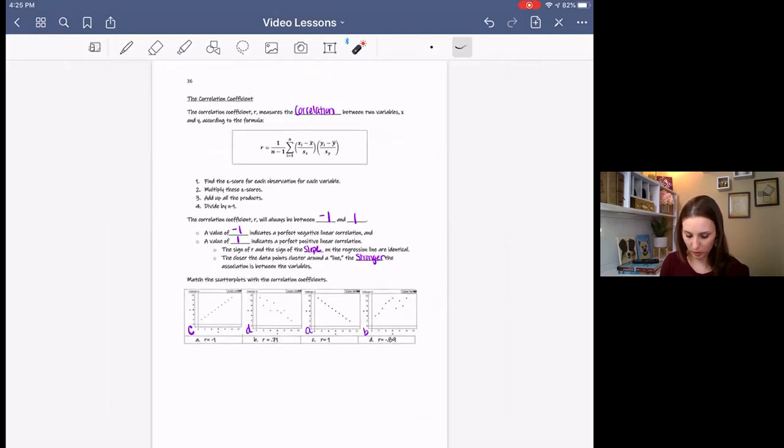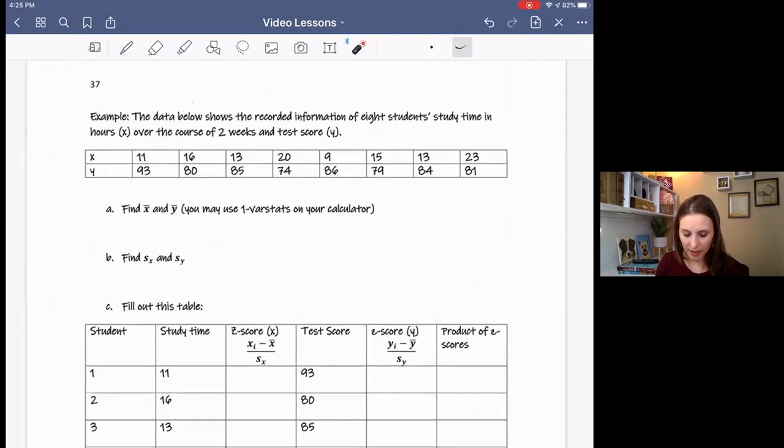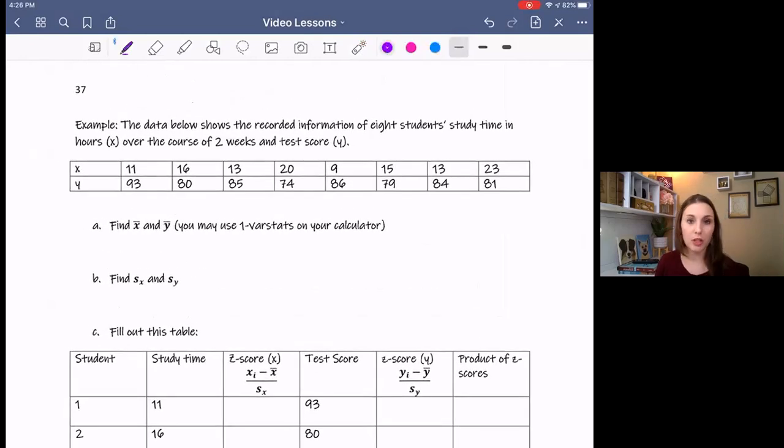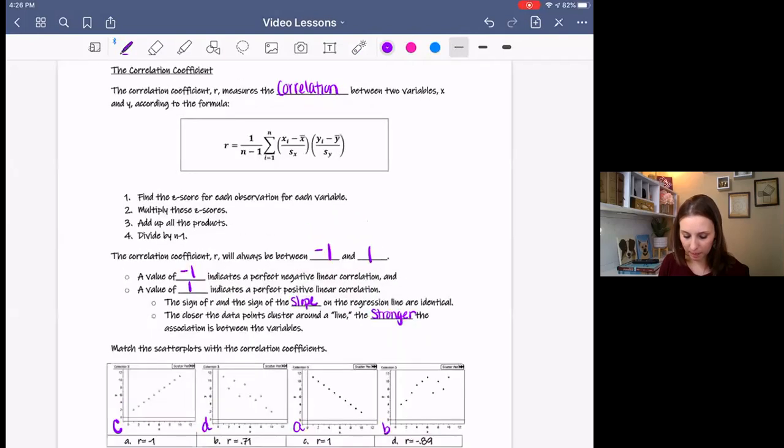So there's that. I have this data set that we have used in the previous two videos for linear regression and coefficient of determination. So if this is already in your calculator, then it's still there. These were the test scores that are associated with the study time of a calculus class over the course of 2 weeks. And so we are going to calculate the r value, the correlation coefficient, by hand. Yay! So to do that, let's look back at the formula.